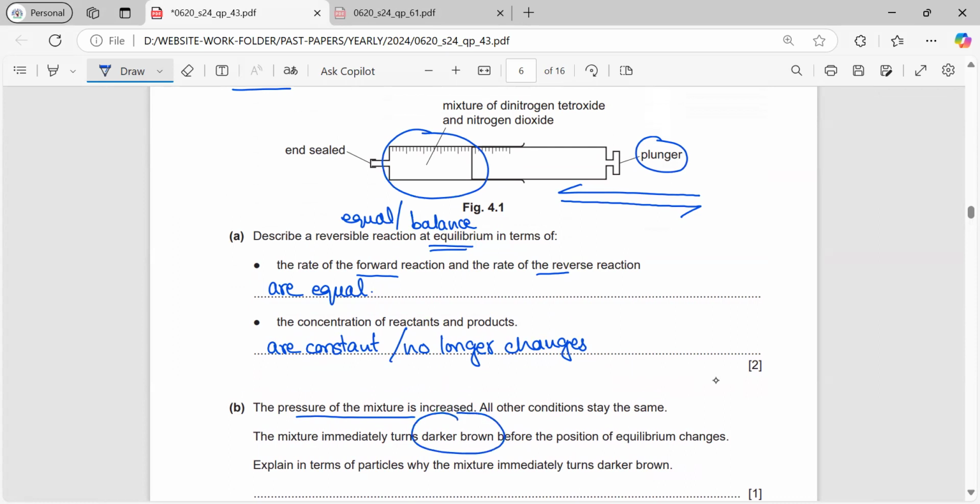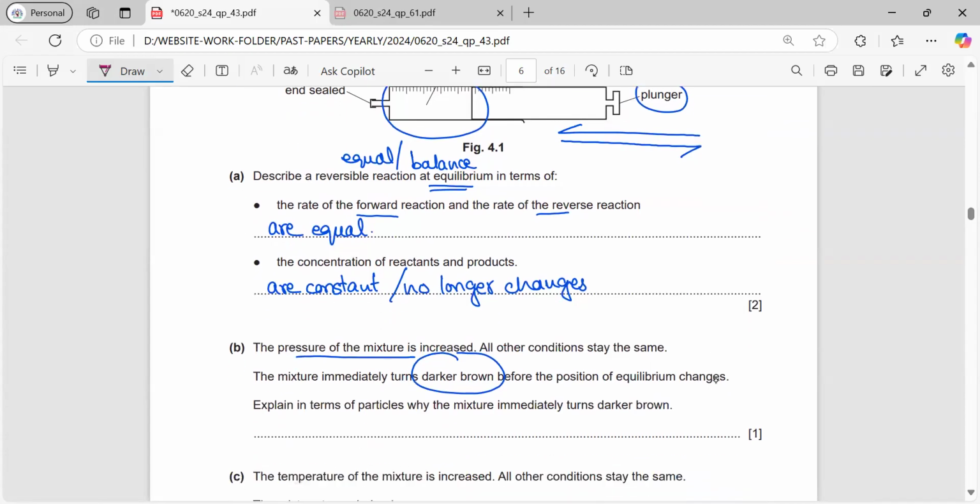Now, why is it so and what's the reason? The reason is that because we are increasing the pressure, the particles come closer to each other, they react faster, and the brown gas is forming quicker. If we are increasing the pressure, there will be the same number of particles, but this time they are in a smaller volume.